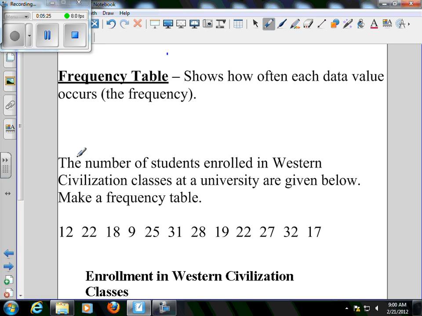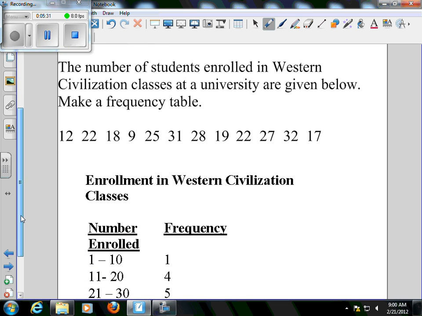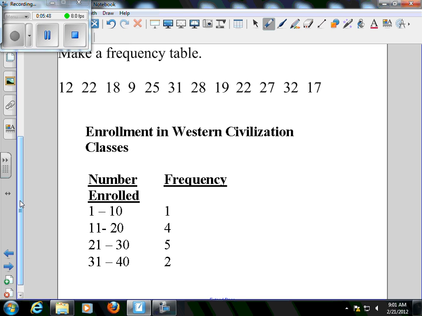Frequency tables show how often each data value occurs, or in other words, the frequency. And here I have some information. The number of students enrolled in Western civilization classes at a university are given below. Make a frequency table. And so what I've done is I have actually grouped the number of students.